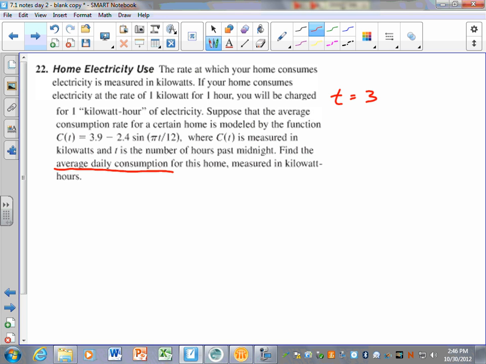It's just going to give you the number of kilowatt hours used for that specific hour. So at 3 in the morning, I could say that they use this many kilowatt hours. I want to know how much is happening the whole time, the whole day.